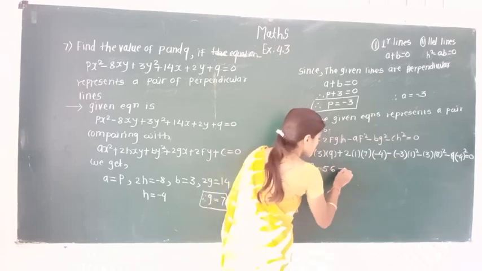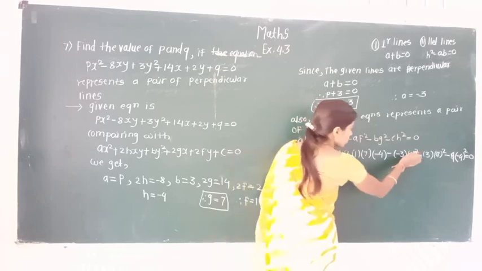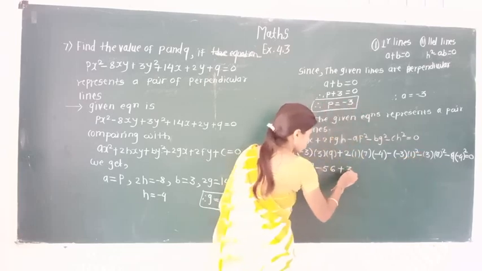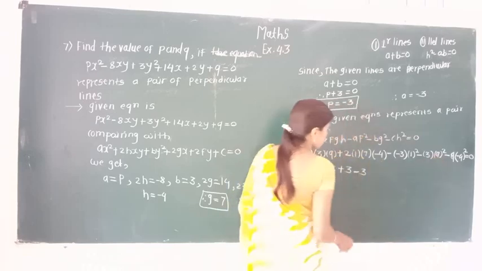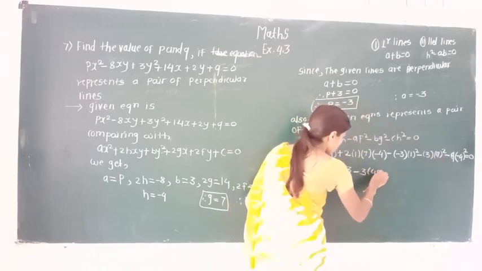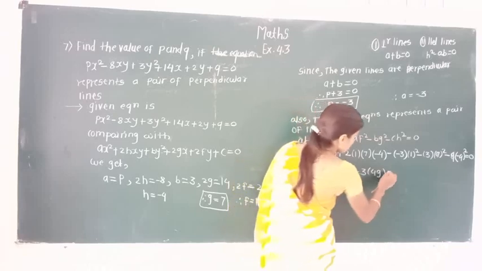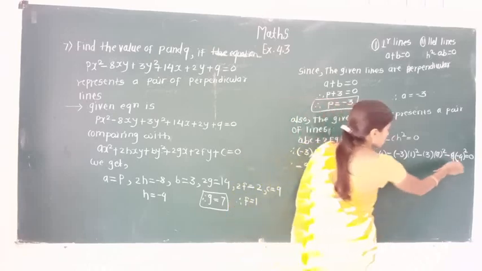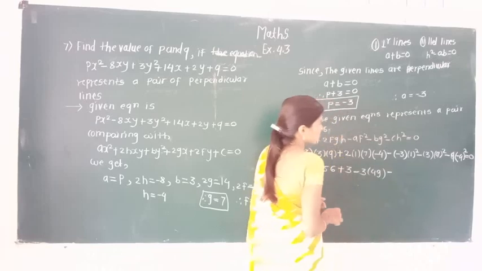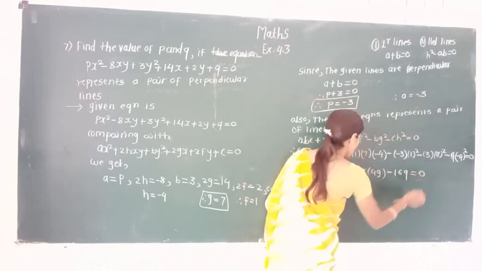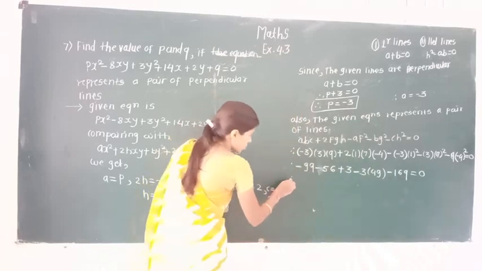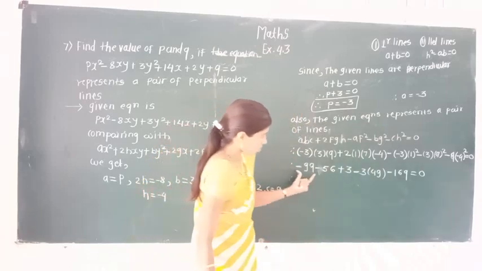Minus minus get plus. 1 square is 1. 1 into 3 get here 3, minus 3 times 7 square is here 49. Okay. Now minus 4 square get 16. 16 into q, we can write here 16q is 0. Okay. Now simplify all those terms.